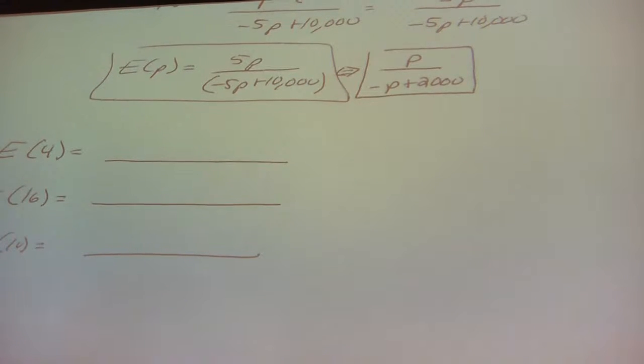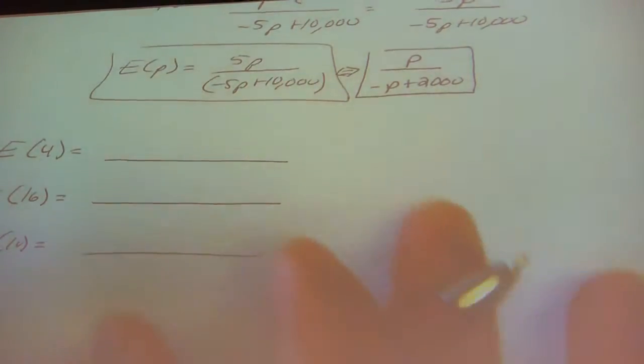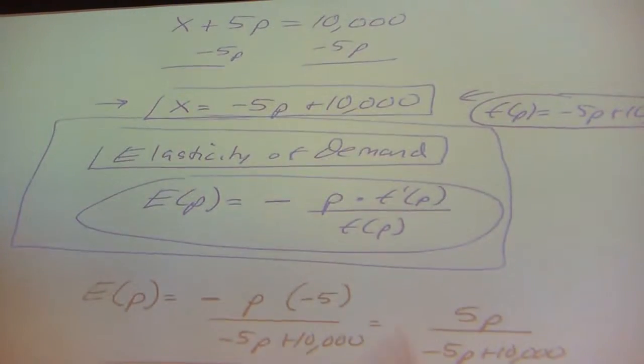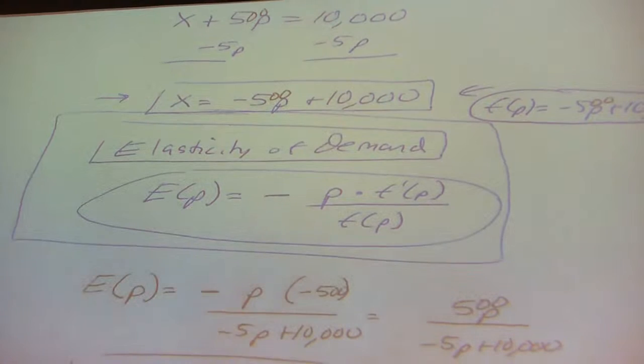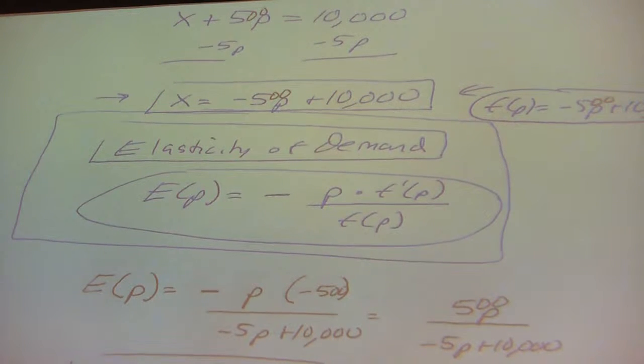Oh, wait a minute, I gave it the wrong number. I wrote down one thing wrong. This is supposed to be 500. Does that change things? It does change things a bit, doesn't it?